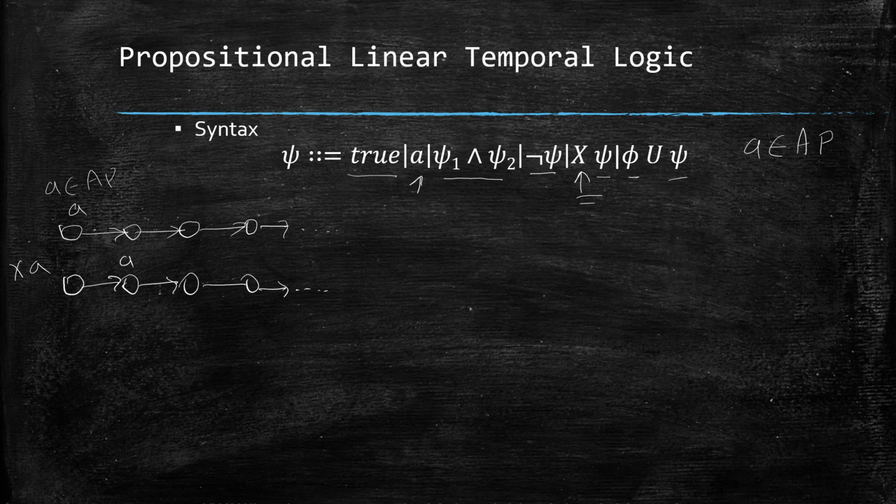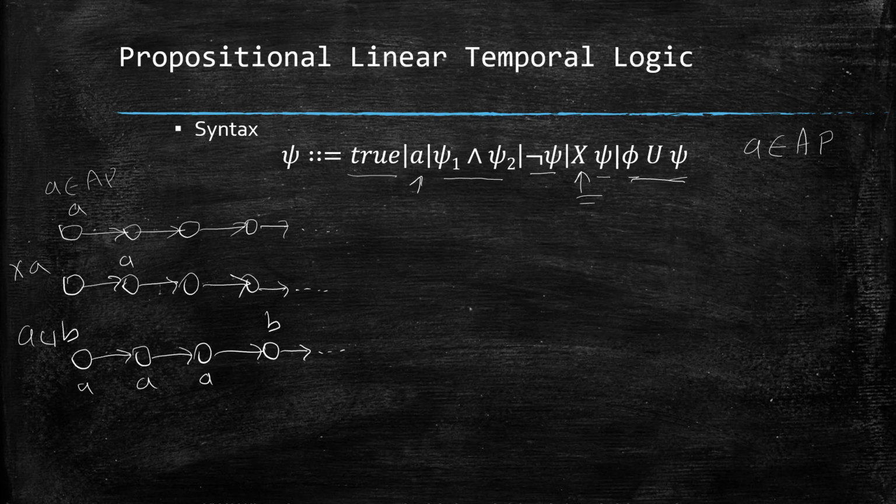Then if we talk about this phi until psi, we can write A until B. So if again I have some representation of this infinite trace, it means as long as A is true and B is not true, and when B becomes true, A will no longer be true.